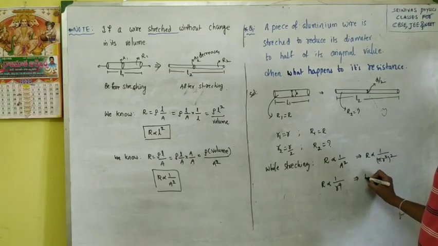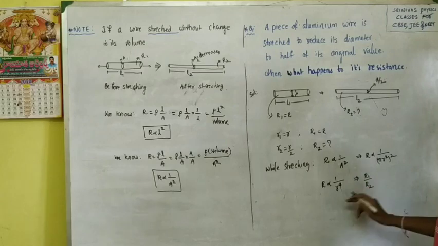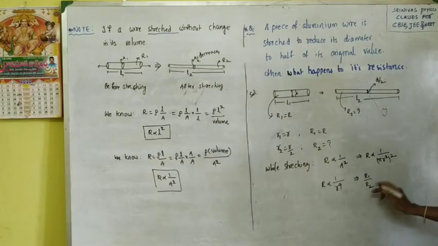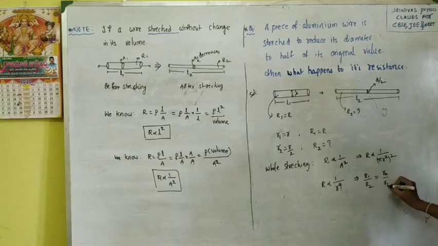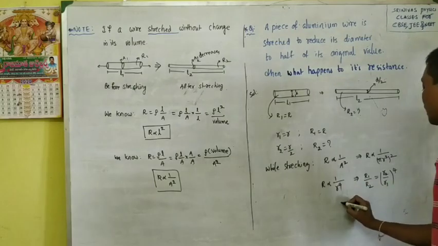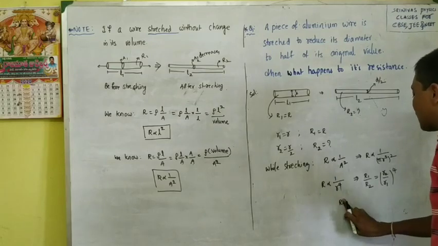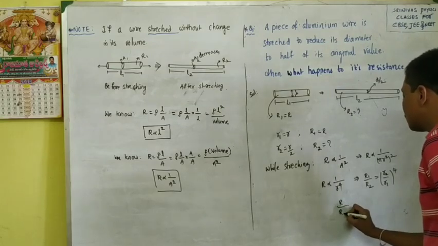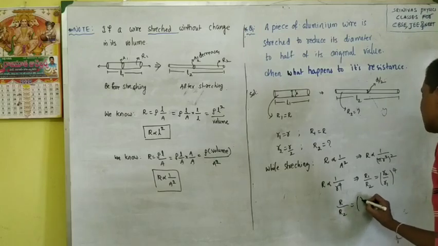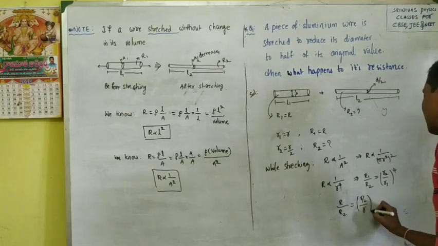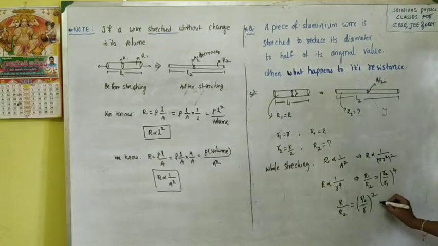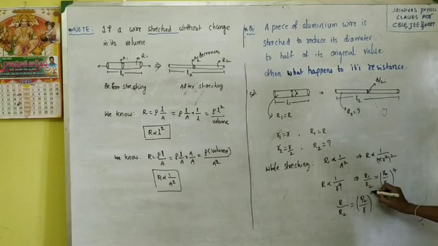Now R1 by R2, if you want to write the ratio form, is equal to the inverse ratio of radii, R2 by R1, whole power 4. R1 is R, R2 we have to find out. Final radius is r by 2, initial radius is r, whole power 4. After simplifying, 1 by 2 power 4, right?